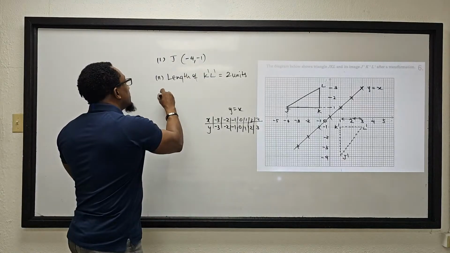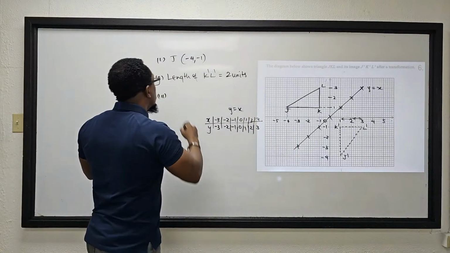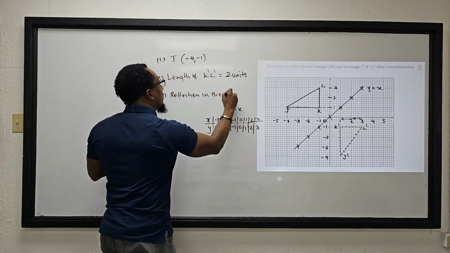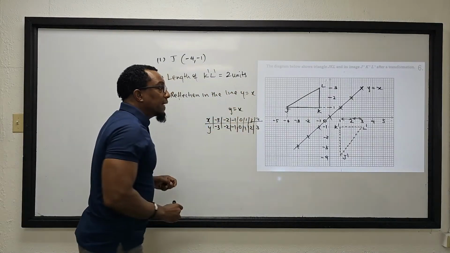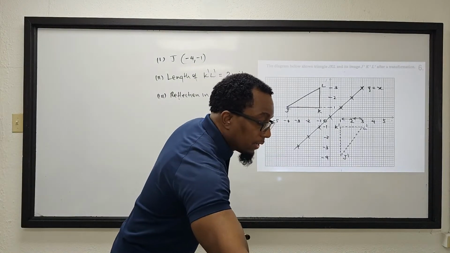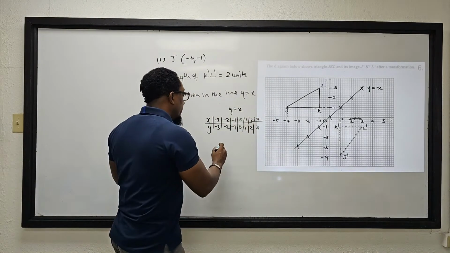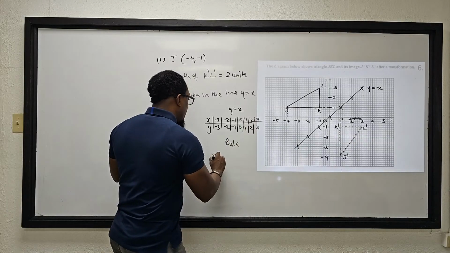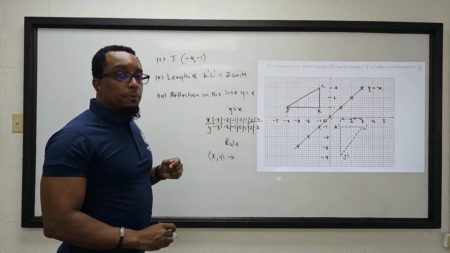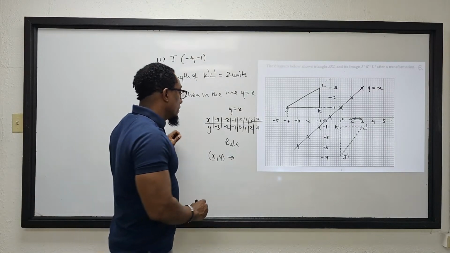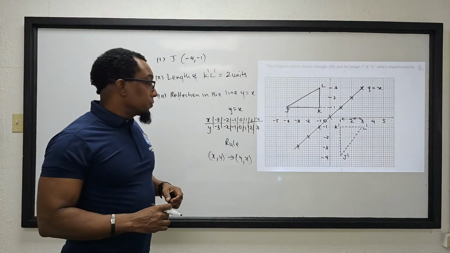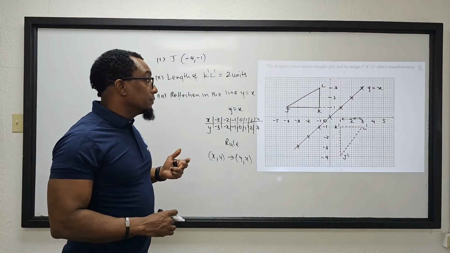That single transformation is simply a reflection in the line y equal to x. There's also a rule for reflection in the line y equal to x. If you have x and y coordinates, then for reflection in the line y equal to x, we simply switch the coordinates. So if it's x, y, it becomes y, x, and we can test it and see.